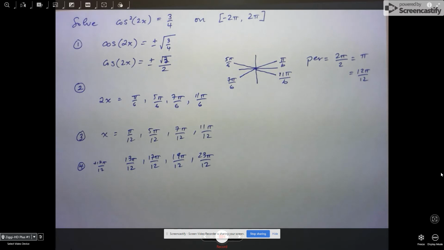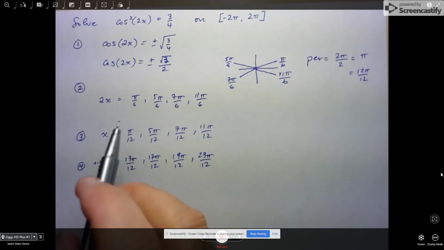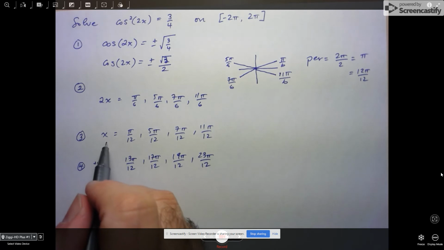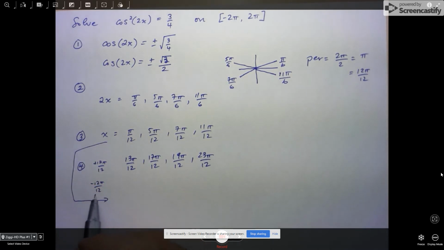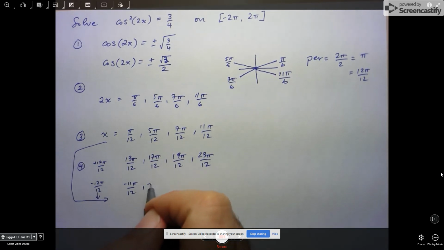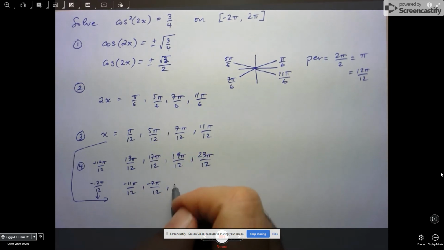Of course, we can also subtract. So now we're going to start subtracting the period from these original values. I'm going to subtract 12 pi over 12. So what do we have? This is going to give us negative 11 pi over 12. 5 minus 12 is going to be negative 7 pi over 12. 7 minus 12 is negative 5 pi over 12.